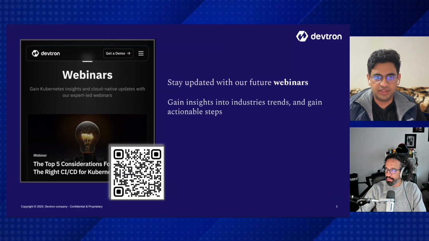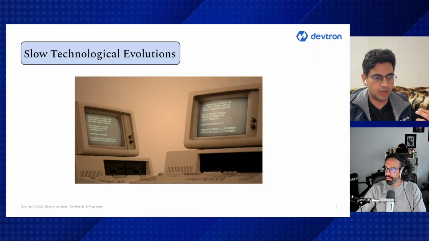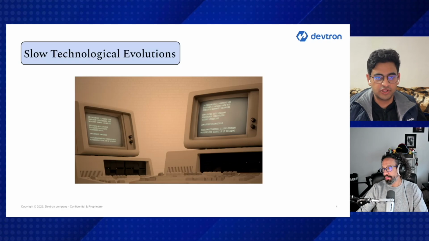So starting off with, why exactly do we need to have this conversation about modernizing systems? Well, that's because a lot of technologies, a lot of industries, they evolve their technological stack at a really slow pace. So take banking, for example, or aerospace or healthcare. They are not industries which are tech dominant, not very tech savvy.